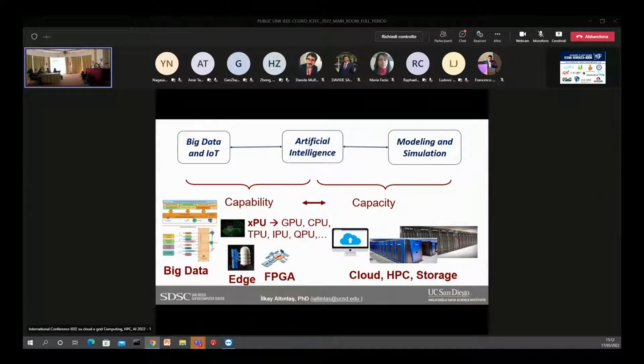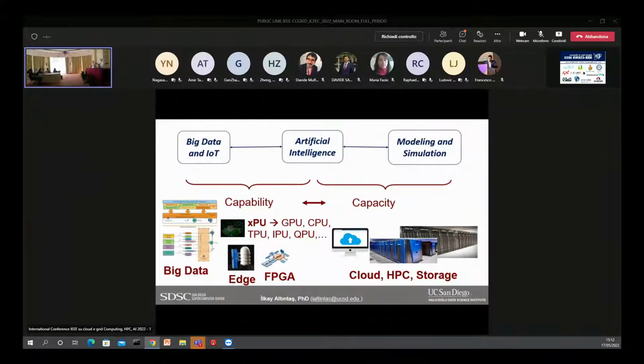And then we have different accelerators now, or processing units, GPUs, TPUs, many different types of processing units, chips, and architectures like FPGAs, field programmable gate arrays, and edge computing systems. So these are different capabilities that could be useful in the context of IoT and AI. But they are capability oriented, and those are part of building blocks for solutions.